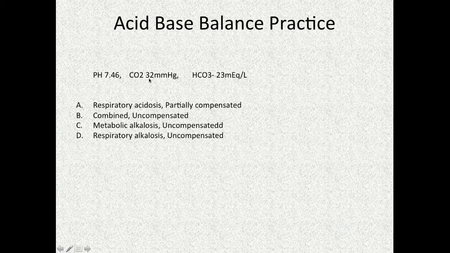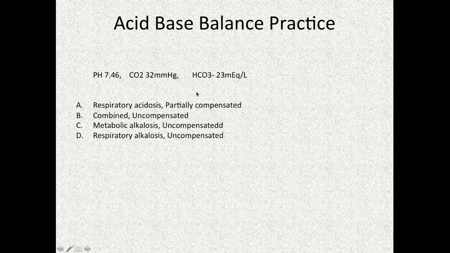Normal CO2 is 35 to 45. CO2 here is 32. CO2 is low. A low CO2 is a basic change. Now we can already see that the basic change in CO2 matches this basic pH. So we can already say that this is a respiratory alkalosis.